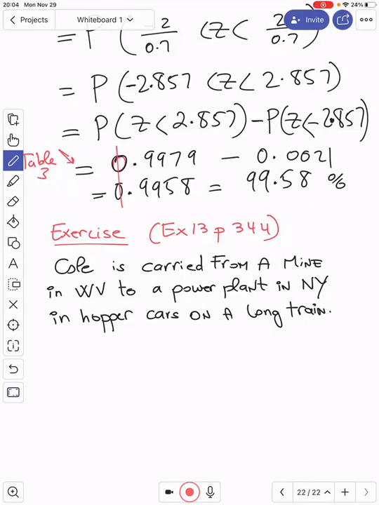So we can put 75 tons of coal into each car, let's say.